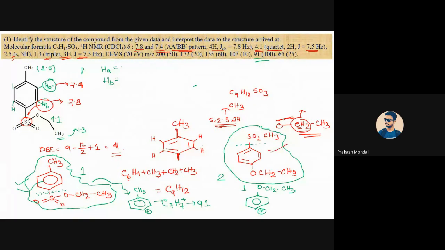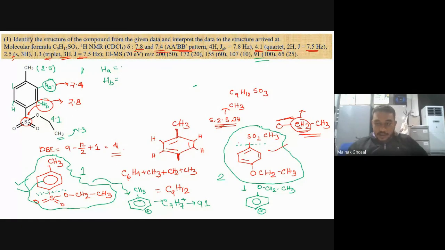Okay, suppose these two are my options. At some point you are seeing there is a loss of this group, so this carbon-sulfur bond will be clipped, and you will be left with this one. And if this other is the possible structure, and this bond is clipped, you will be left with that one. So you measure this mass and see which mass you are getting in your EIMS data.